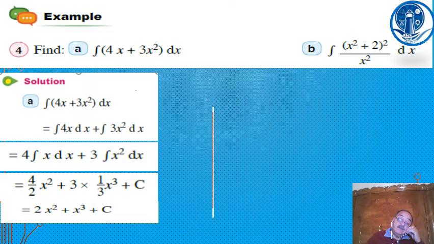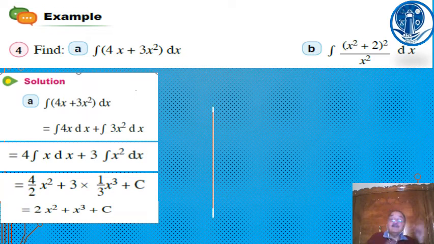Okay. Next one. You have to remember, as in the derivative or first prime of the function, we have two very important rules: the product rule, m dash v plus v dash m, and the quotient rule, m over v, which is m dash v minus v dash m over v squared.